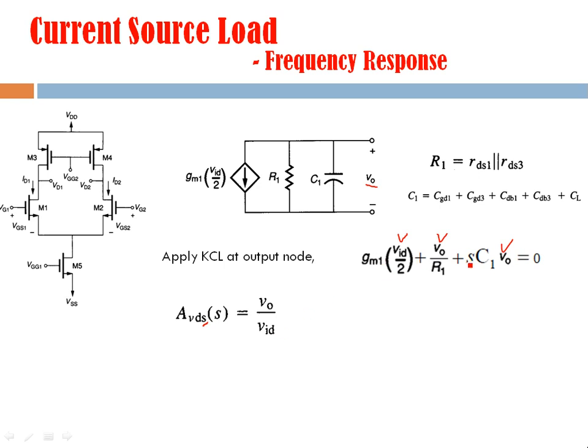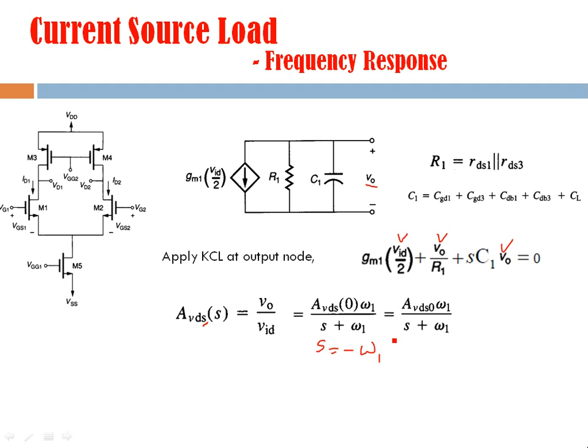And after all this mathematical manipulation and by putting in some constants, we will get this kind of result, right? This transfer function. Now if S is equal to minus omega 1, what will happen? In that case this voltage gain will be infinite, because S plus omega 1 is appearing in the denominator.